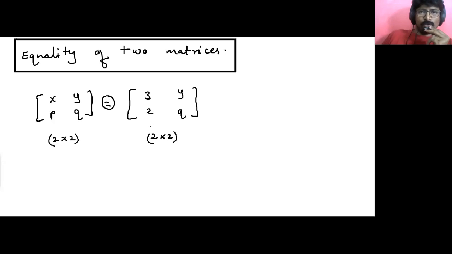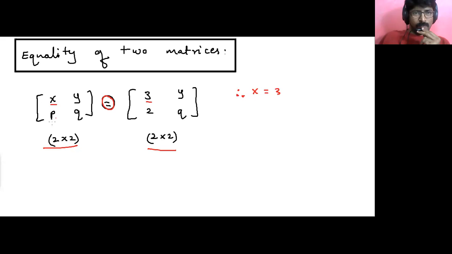Did you notice? So when the order of the two matrices is the same, and if there is an equal to sign between them, we can compare their entries. So the value of x is equal to 3. You can say p is equal to 2.